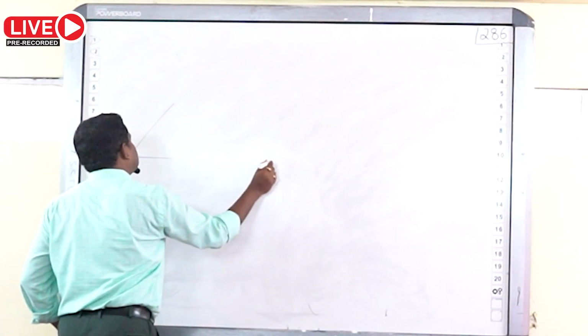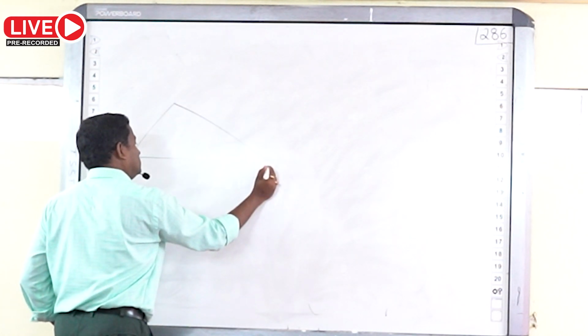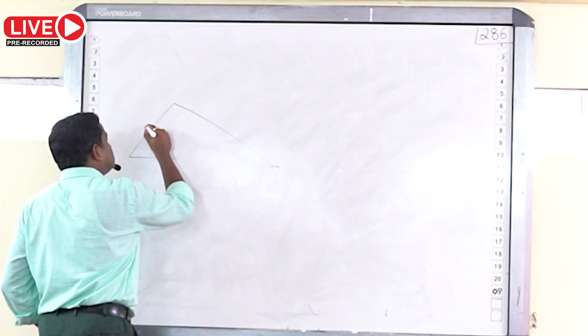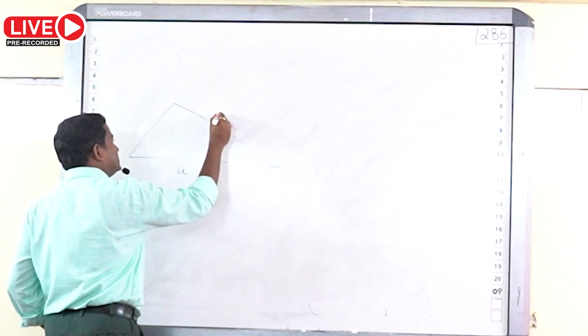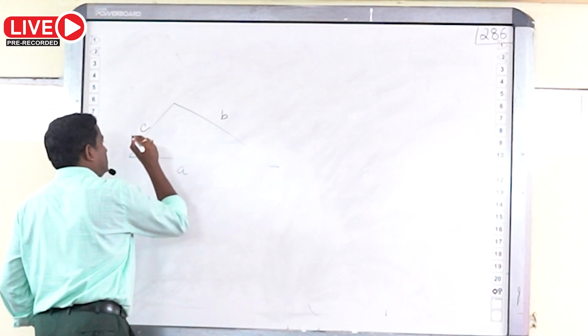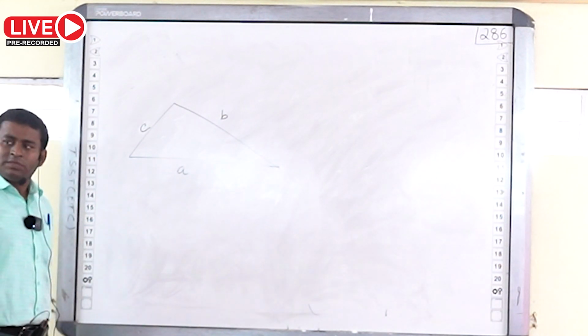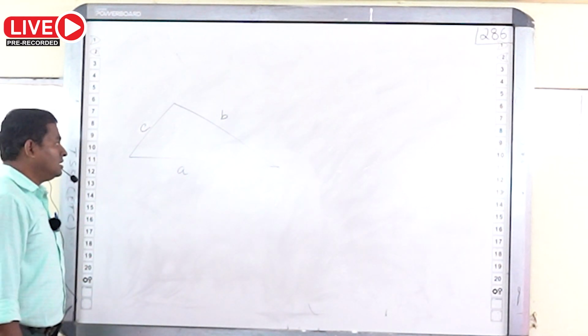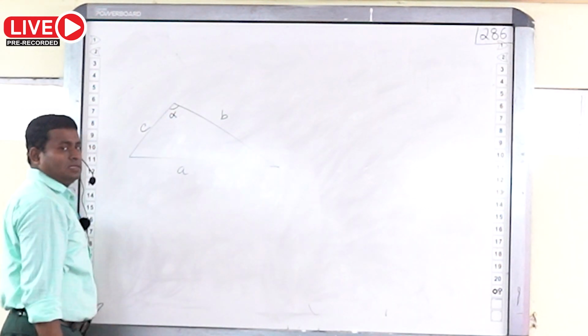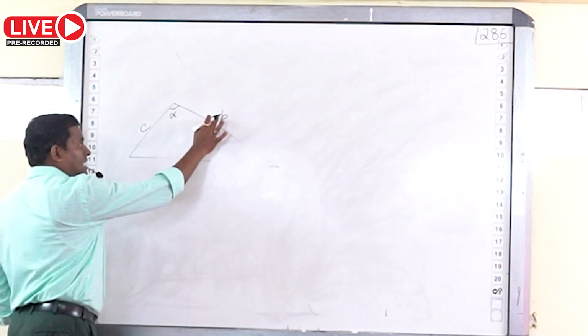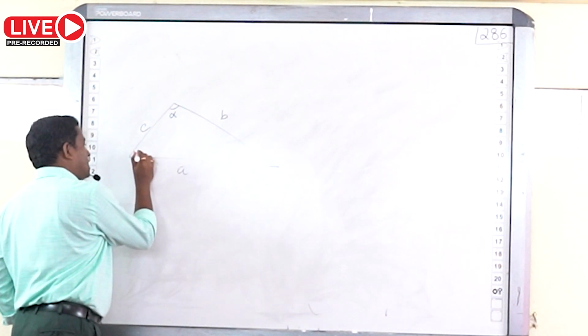In trigonometry, the sine rule. Suppose this side is of length A, this is B, this is C. Length of the sides A, B, C. The opposite angle of A is given alpha. Opposite angle of B is given beta.